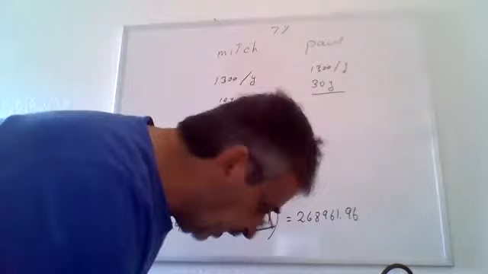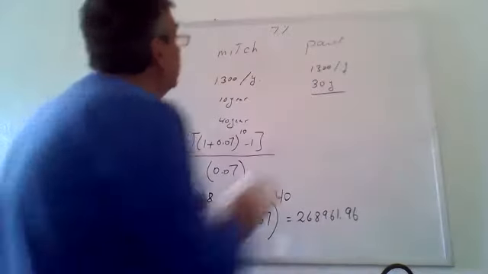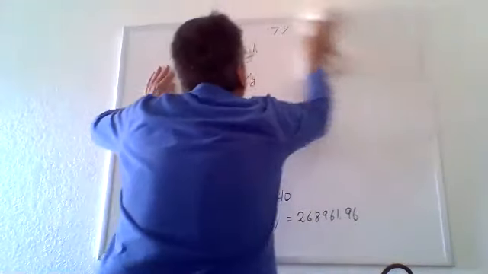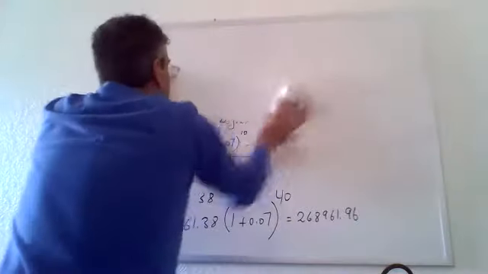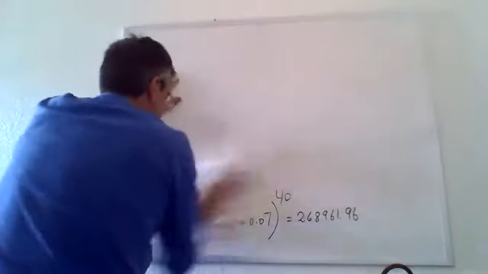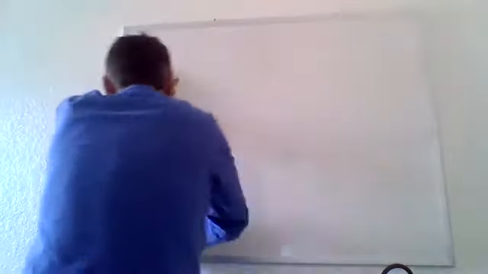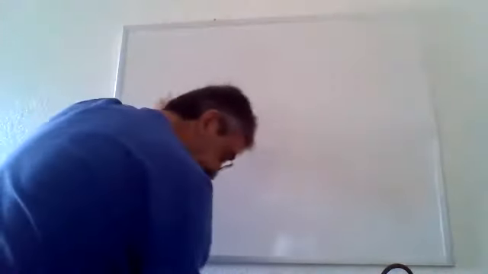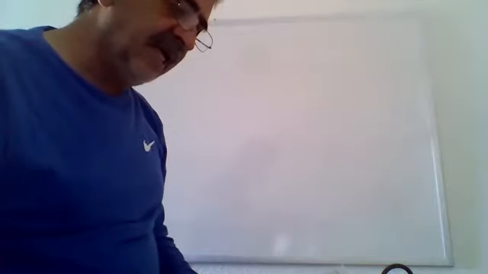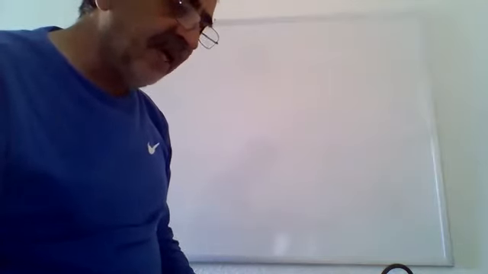Okay, let's move on to another problem. For the next problem, it says, calculate the amount of money you will have at the end of the indicated time period, assuming that you earn simple interest.